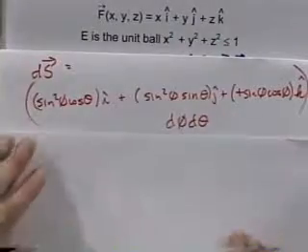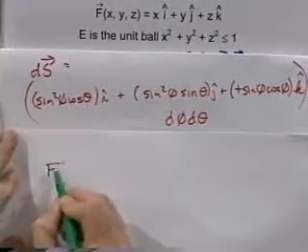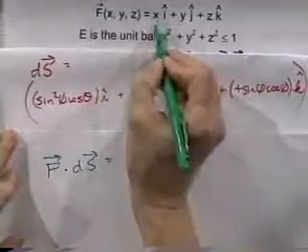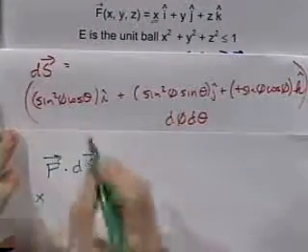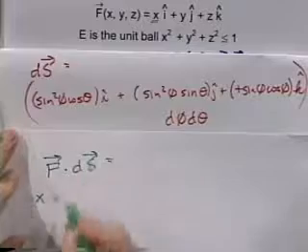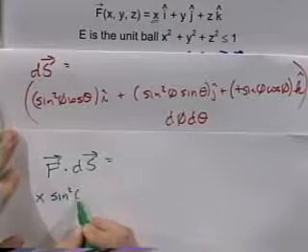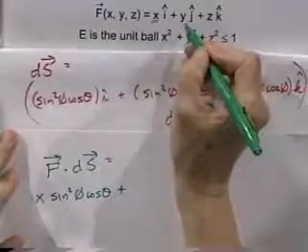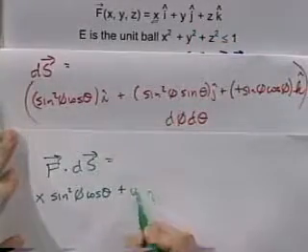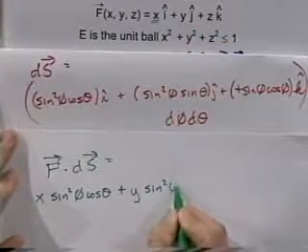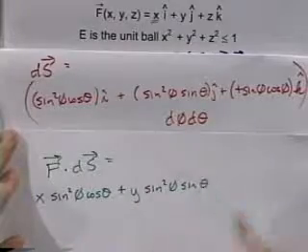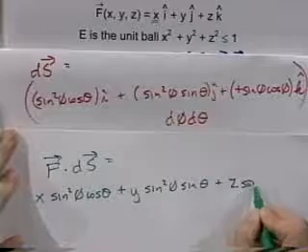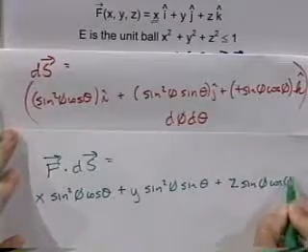When I do that, I want to figure out what is F dot dS. I get this x component, which is x, times sine squared phi cosine theta, plus this y times sine squared phi sine theta, plus this z times sine phi cosine phi.